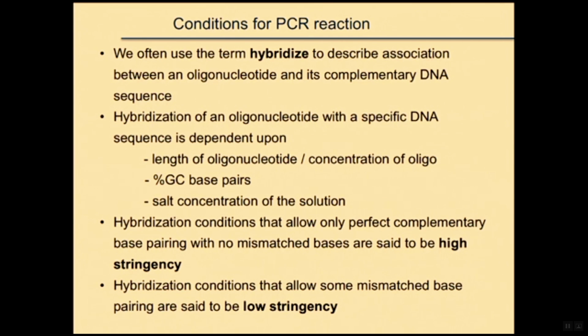It means that the oligonucleotide primers can potentially bind to other regions of the DNA that have some mismatches, so it's not a completely correct sequence, and that way you end up with lots more non-specific products than if you had a higher annealing temperature. That would mean that your primer only binds to the sequence that it's supposed to.